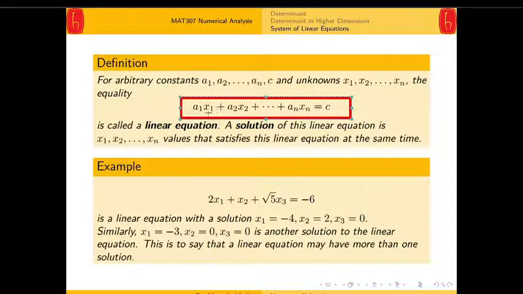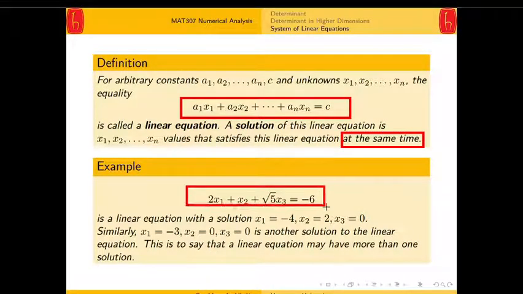A solution of this linear equation is a set of values x1, x2, ..., xn that satisfies the equation at the same time. So x1 is some number and x2 is another number, and all of these numbers satisfy the linear equation at the same time.